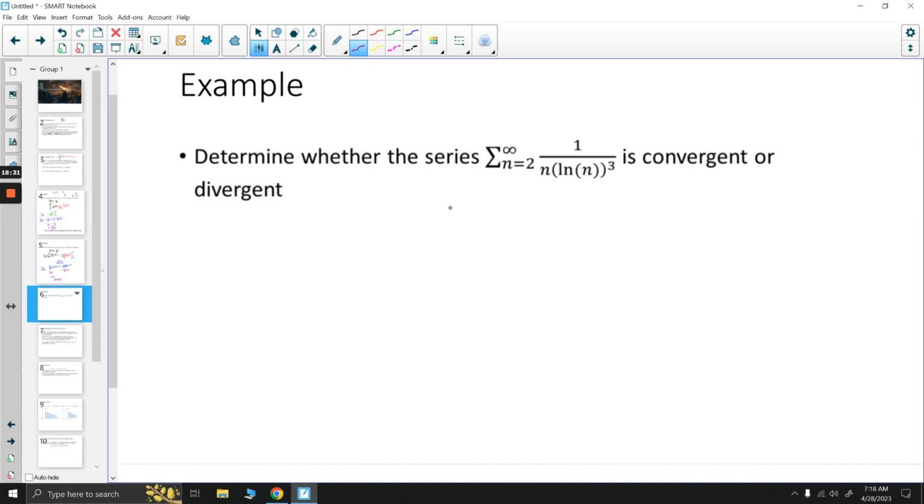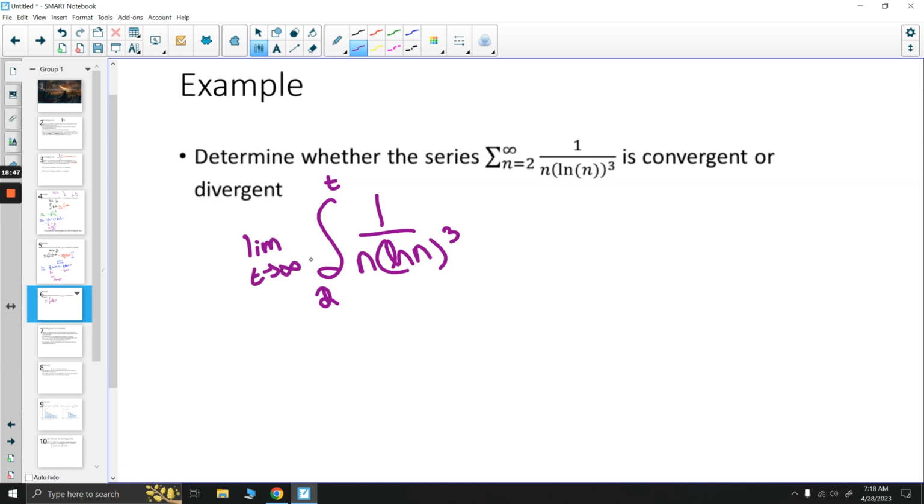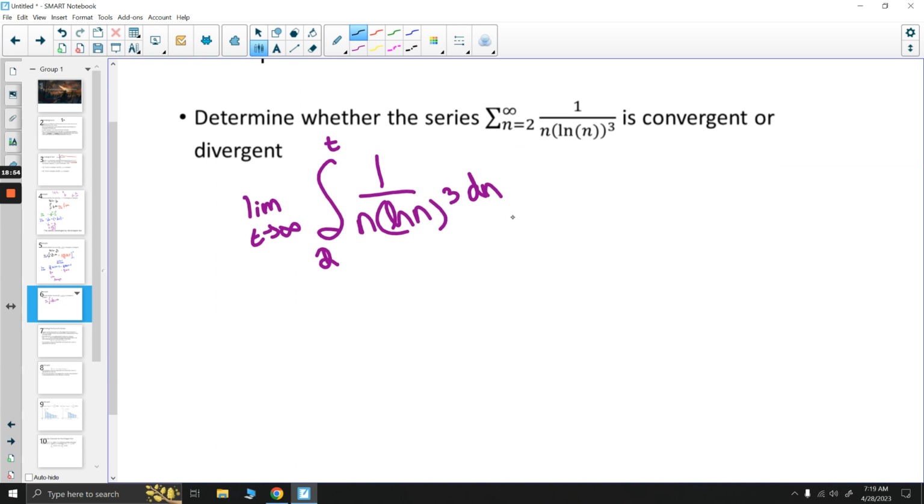So we have 1 over n (natural log n) cubed. We're going to integrate this from 1, in this case actually from 2 to t, take the limit as t approaches infinity, dn. Again, I'm doing it in terms of n because why should I mix up the variables? It doesn't really matter.